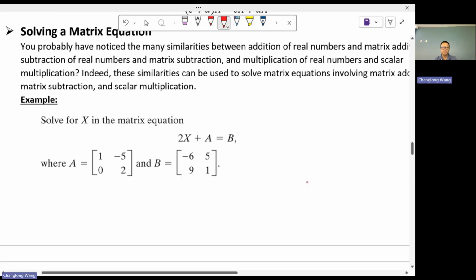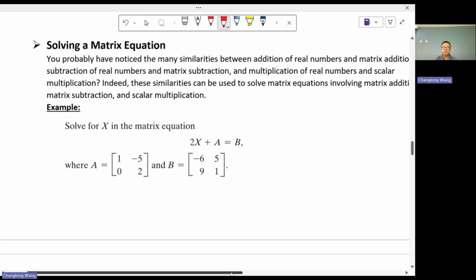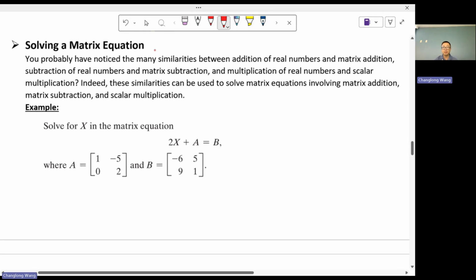Now, you should be good. Oh, that looks kind of advanced, right? Solving a matrix equation. Usually solving equations is one of the more advanced topics, not to mention you have the matrix. So let's see how we're going to do that. We have an X matrix. It's uppercase, which means it's a matrix. And usually you use X for the unknown, so we don't know what the X matrix is.